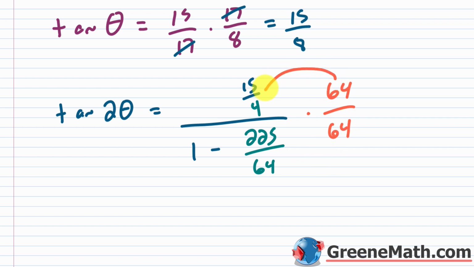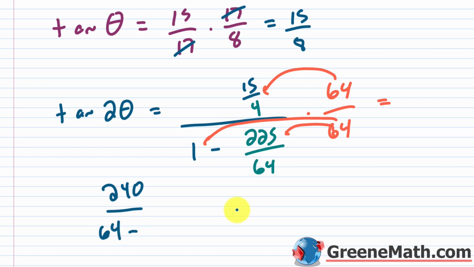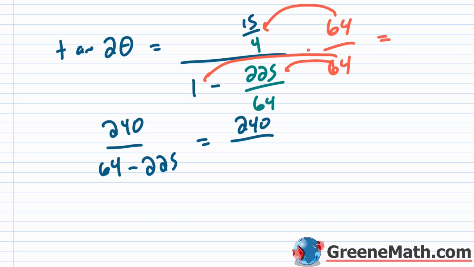That'll clear all the denominators out. So let me show this like this. So this would be equal to 64 divided by 4 is 16. 16 times 15, that's going to be 240. And this is over, you would have 64, and then minus, the 64s would cancel there, you're left with 225. So this would be equal to 240 over 64 minus 225.